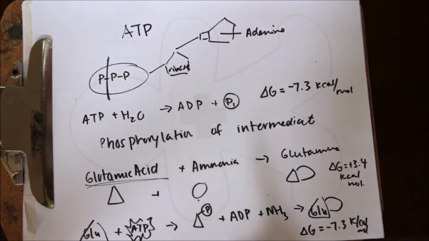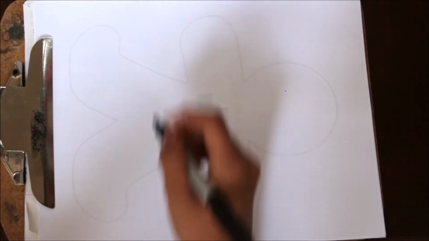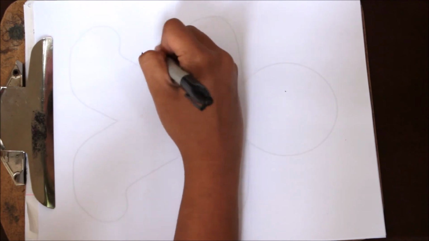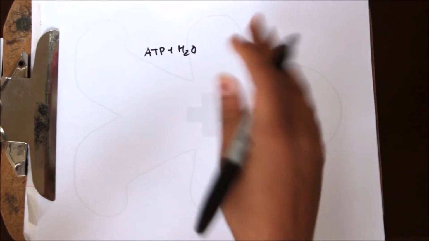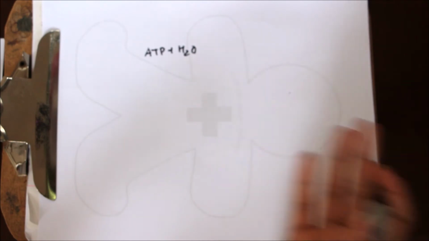Remember, free energy is final minus initial to get the delta G, so the higher the free energy it has, the overall reaction is able to still be exergonic. We know that ATP hydrolysis is exothermic, but once all these ATPs are being used to phosphorylate different intermediates, we are left with all this ADP, and we need more ATP.